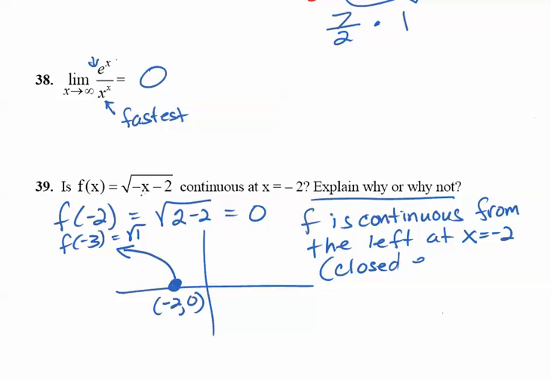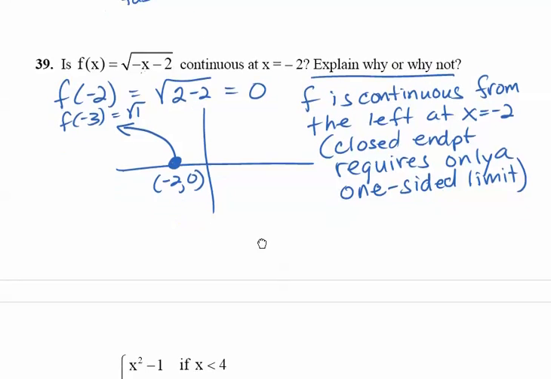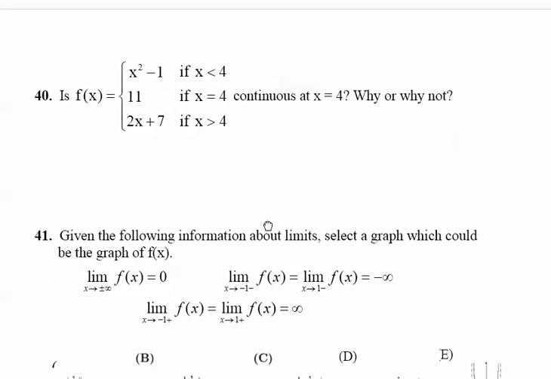Remember that a closed endpoint requires only a one-sided limit. So you don't have to write what I just did in parentheses here. Closed endpoint requires only a one-sided limit. If that had been an open endpoint, then it would be discontinuous. All right, so at a closed endpoint, can you get there from one side?